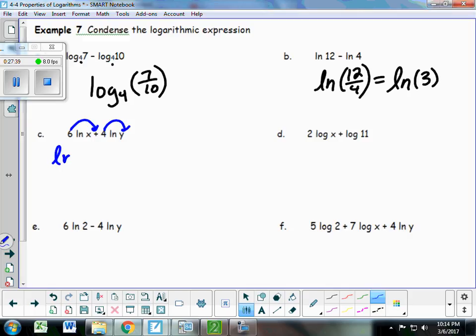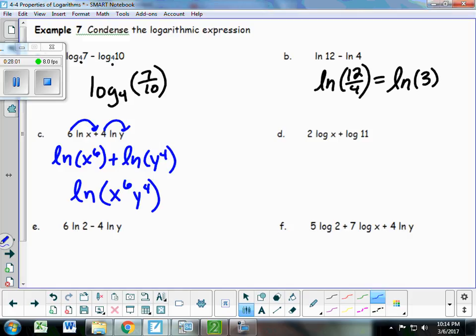So this would then become natural log of x to the 6th plus natural log of y to the 4th. And since they both are natural logs, the same base, we can multiply the stuff on the inside. So natural log of x to the 6th times y to the 4th, from that old rule that we were talking about.